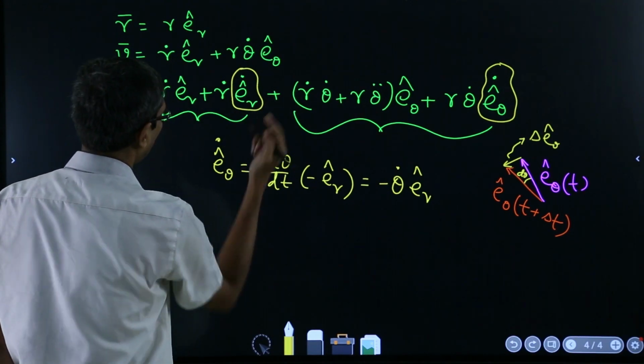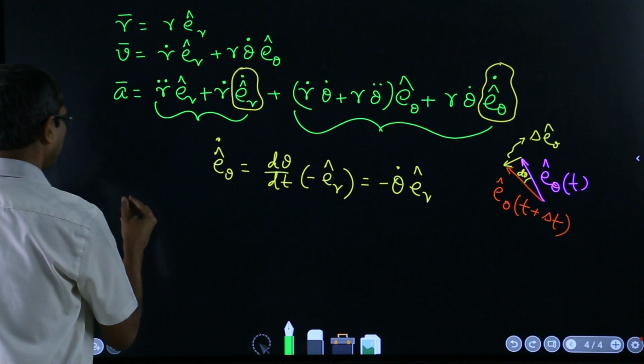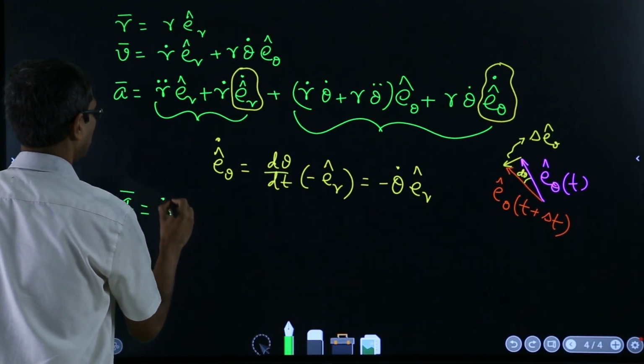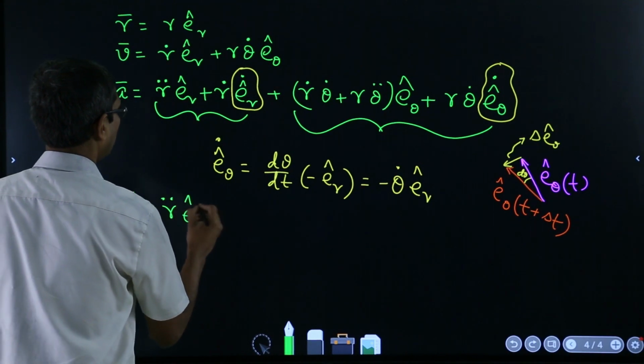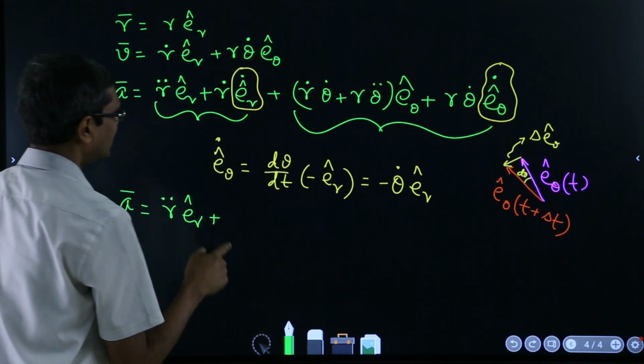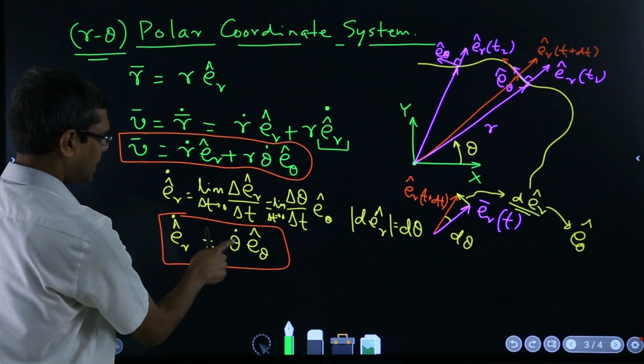So, this we have already derived, so I can write here the expression of A to be equal to r double dot er plus r dot, and er dot is theta dot, just see here, er dot is theta dot E theta.